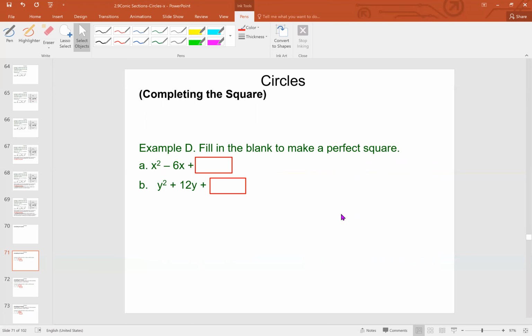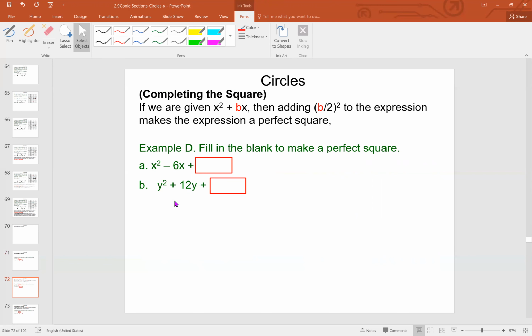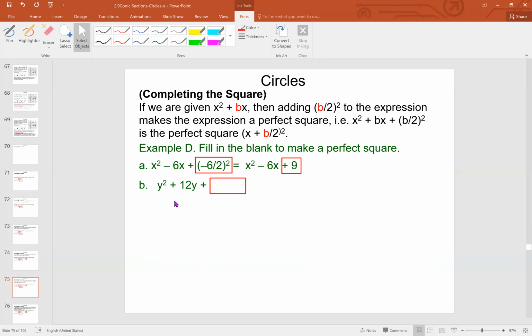The trick is to take half of the middle term, minus 6, and half of that is minus 3; square that and put it in the box, which is 9. If that number is 9, then this will be the square of a binomial. Same thing with the second one: I take half of 12, which is 6, square that is 36, and so this will be (y plus 6) squared.